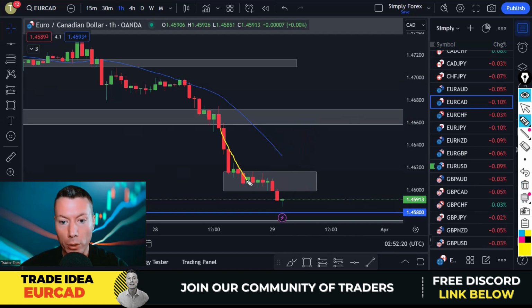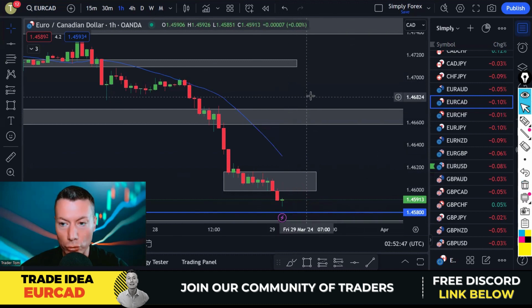If it broke out of this box, then I wouldn't be interested anyway. So if price retraces into this box, maybe the moving average 20 catches up, we get a bearish reaction, I will enter and just take price back down to here. But that could still be 20, 30 pips. So yeah, Euro Canadian sales we're looking at.